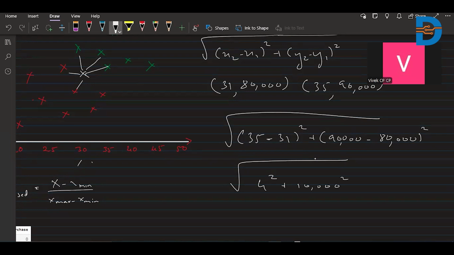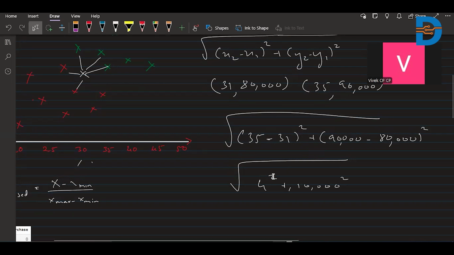Let me elaborate upon that. The portion that your age is contributing towards the distance calculation is very less, relatively negligible compared to what your income is contributing. Your age is contributing about 4 square, that is 16 units, and on the other hand, your income is contributing a good 10,000 squared, right?